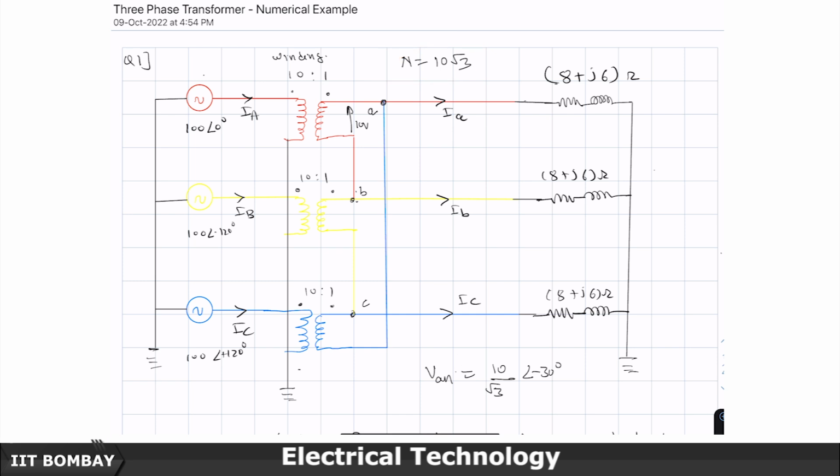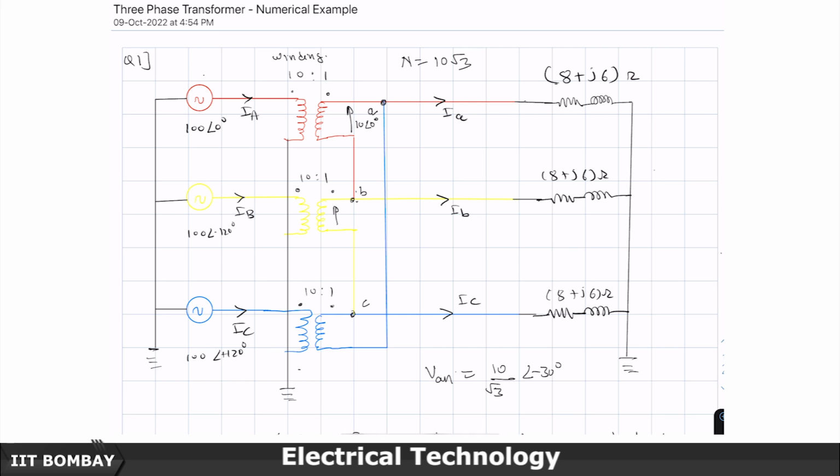Now I have connected phase to neutral voltage balanced on the primary side, 100 at 0, 100 at minus 120, 100 at plus 120, and this voltage will become here 10 volts. 100 divided by the turns ratio of the transformer winding, 100 by 10, will make it 10 volts at an angle of 0.